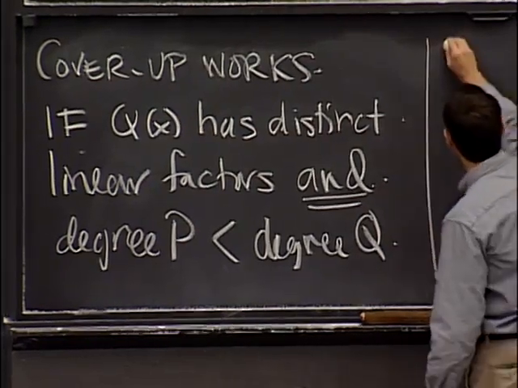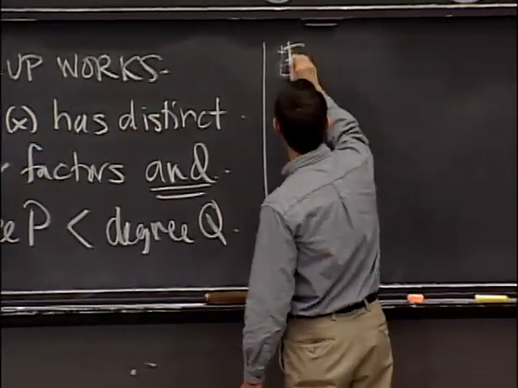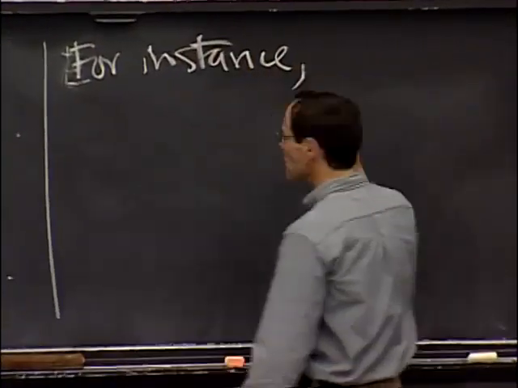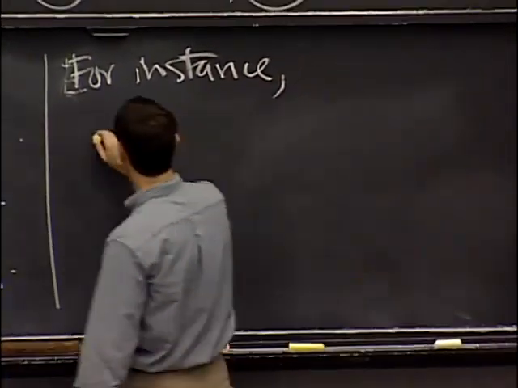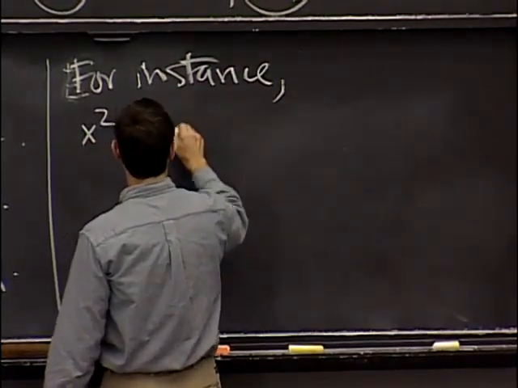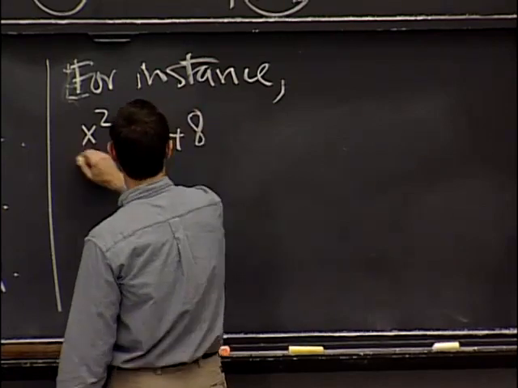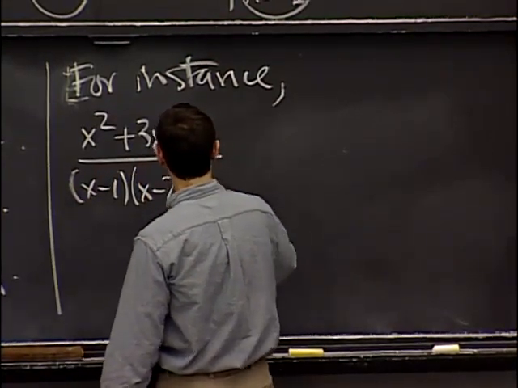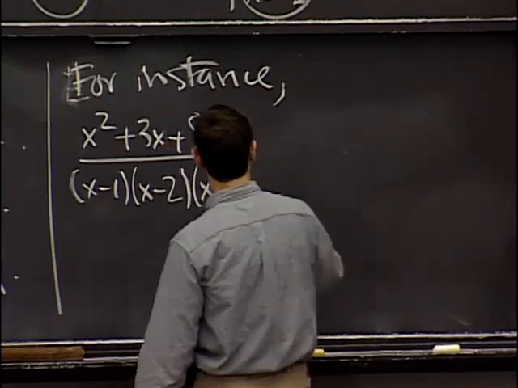I'm going to give you an example here. So for instance, and this tells you the general pattern of the setup also. Say you had x squared plus 3x plus 8, let's say, over x minus 1 times x minus 2 times x plus 5.